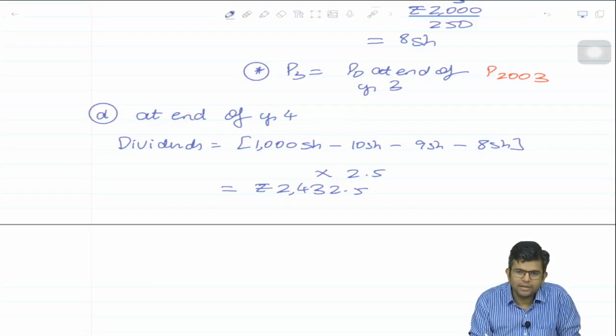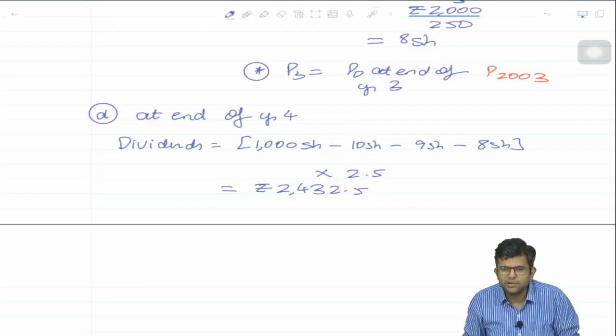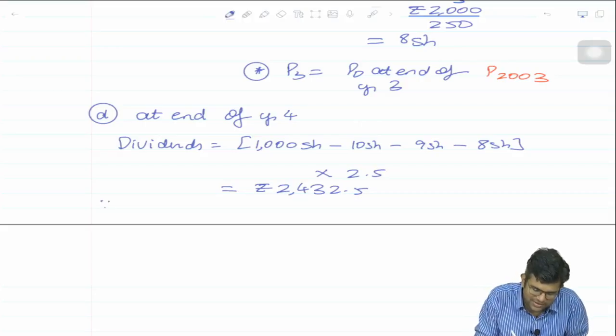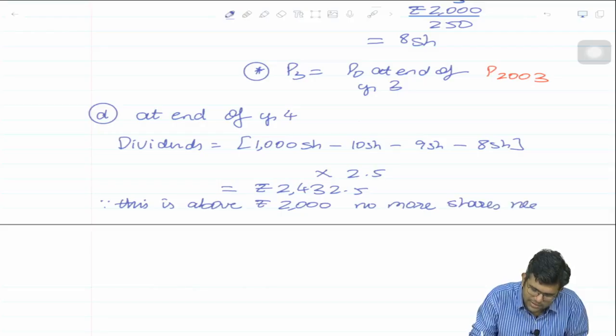Everyone following till here? Does this guy need to sell more shares? Unless the girlfriend becomes more demanding along with inflation. No. Everybody clear? Do you realize that 2000 is bare minimum? Okay. So can I say, since this is above rupees 2000, no more shares need to be sold.